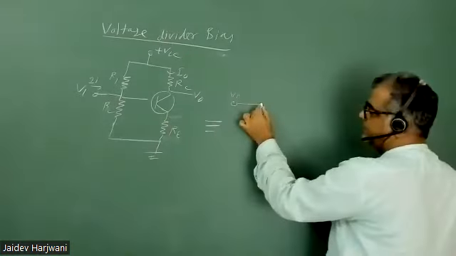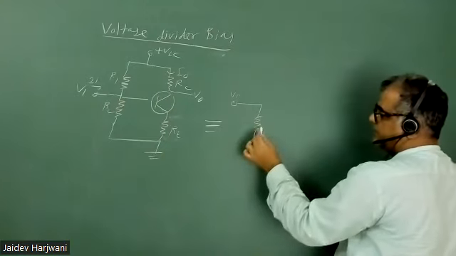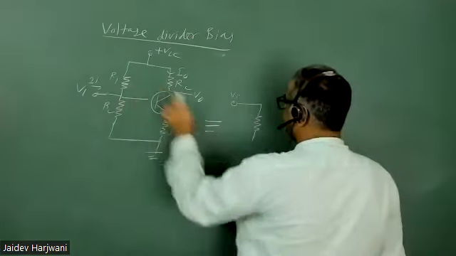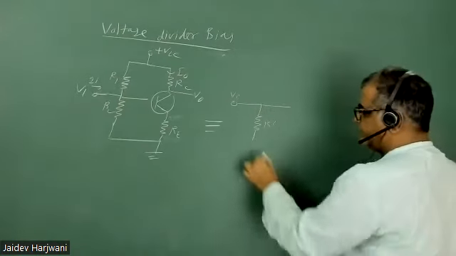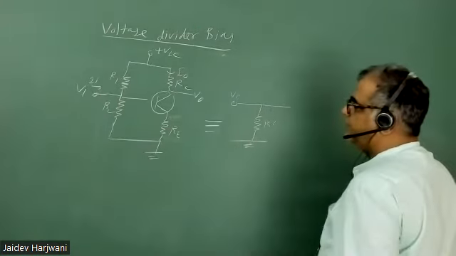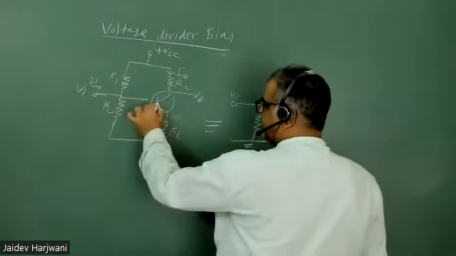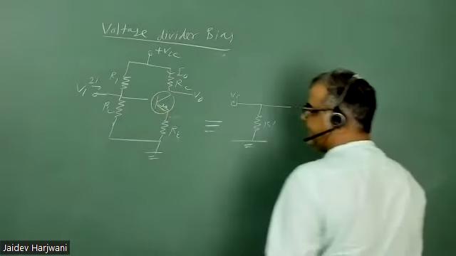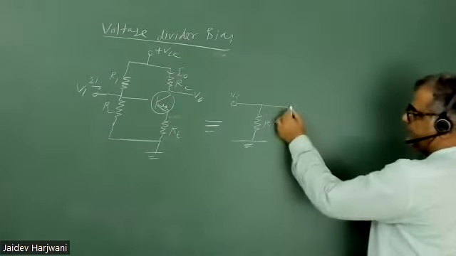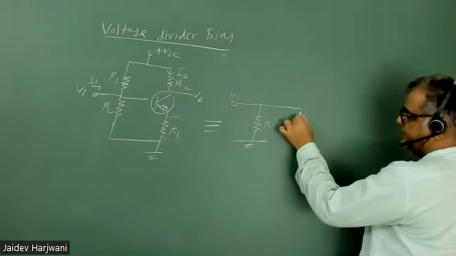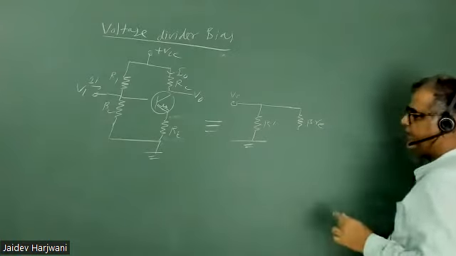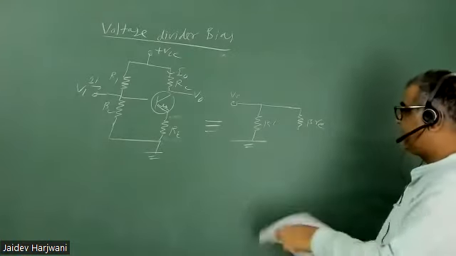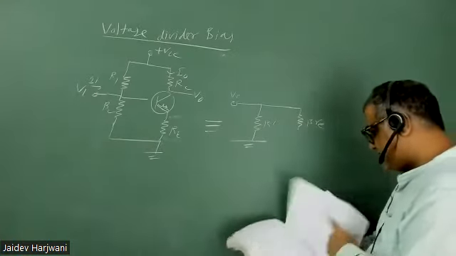Resistance R1 and R2, I'm directly writing now as R dash, with no issue because both are in parallel, we know. And this will be replaced by a resistance beta RE, and this will be replaced by, say, a resistance beta RE. Now before that, there is a slight modification.